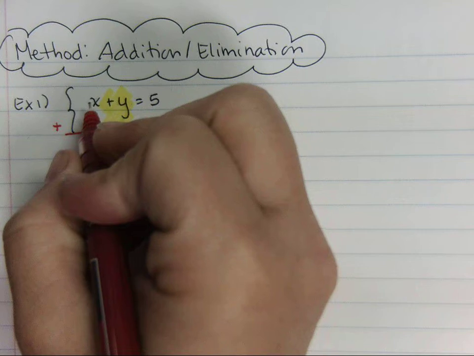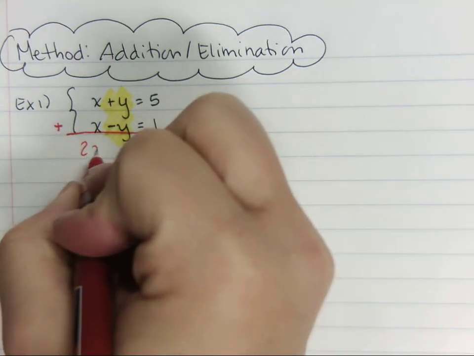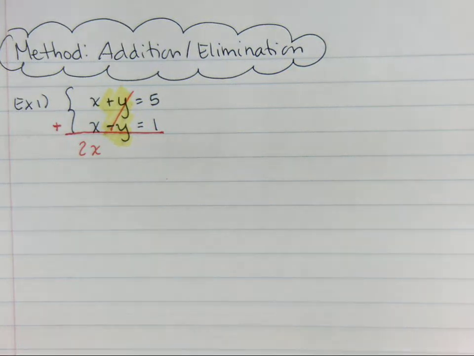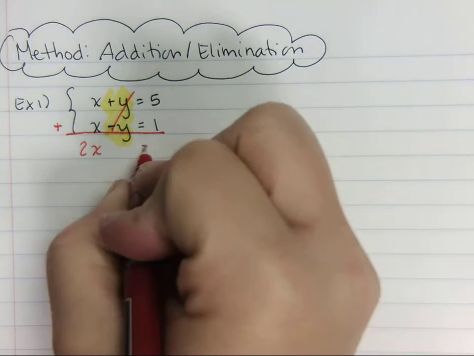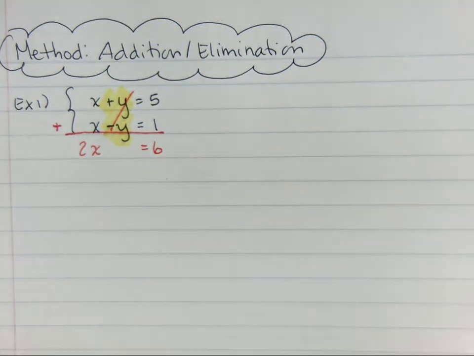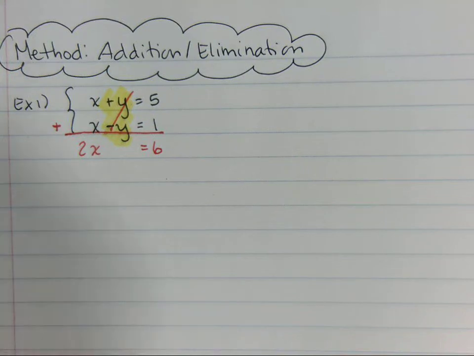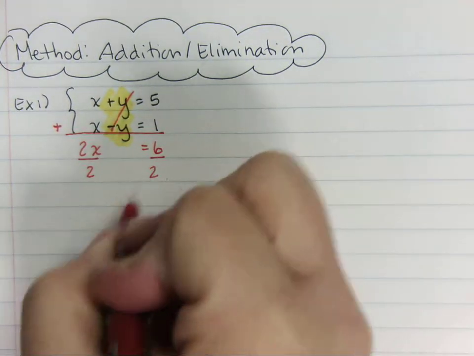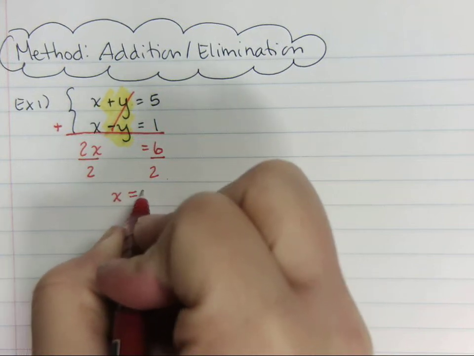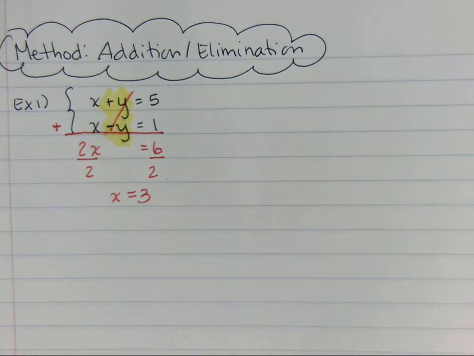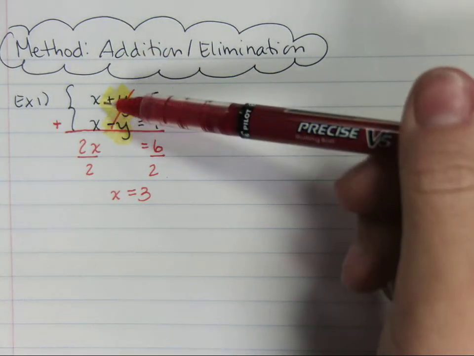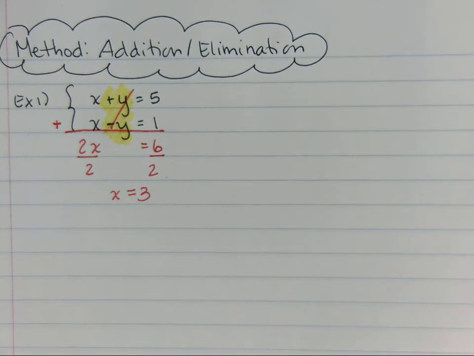When I add vertically, I'm allowed to combine my like terms, which gives me 2x. The y's cancel, equals 6. Now I've added my two equations together and eliminated the y. When I divide by 2, I have solved for x. So in my solution for my system, the value that makes both of these equations true so far is when x is 3.